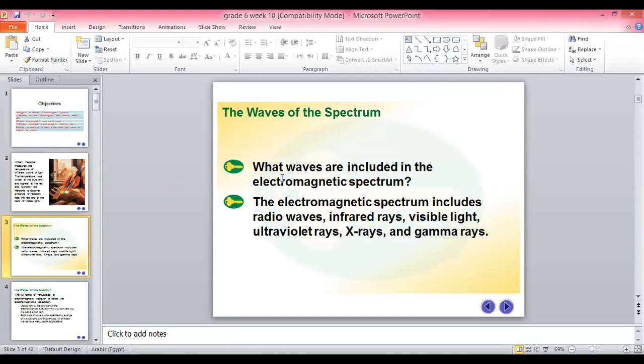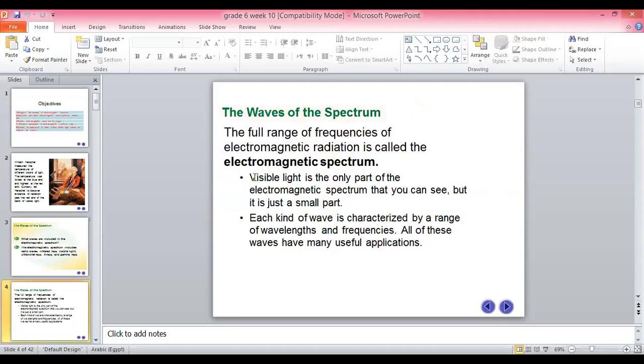Okay? We said what waves are included in the electromagnetic spectrum: radio waves, infrared waves, visible light, ultraviolet rays, X-rays, and gamma rays. Also yesterday we gave a short definition: the full range of frequencies of electromagnetic radiation is called the electromagnetic spectrum.